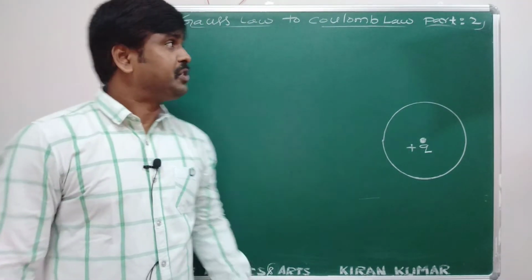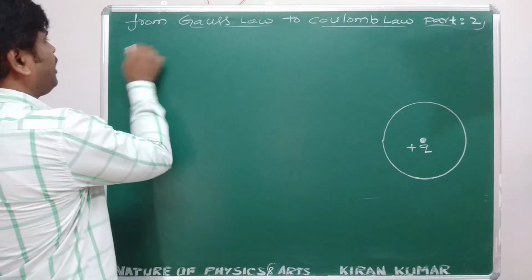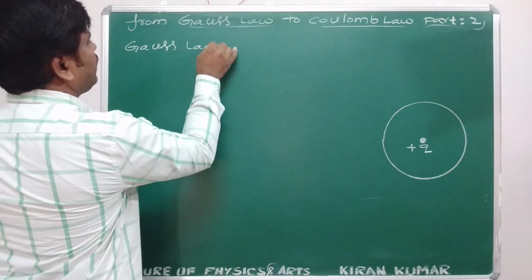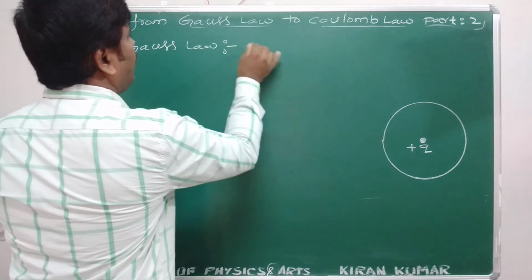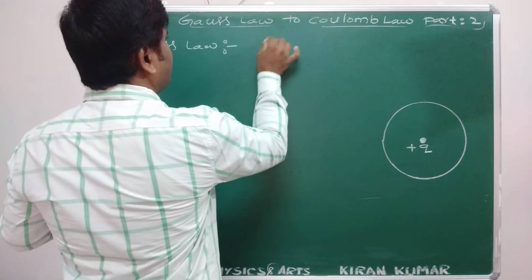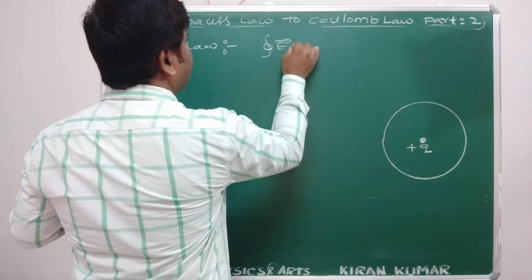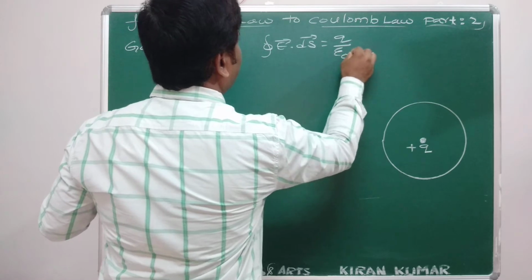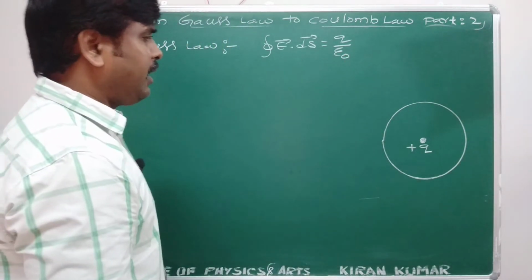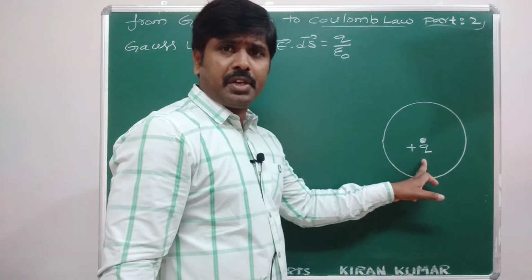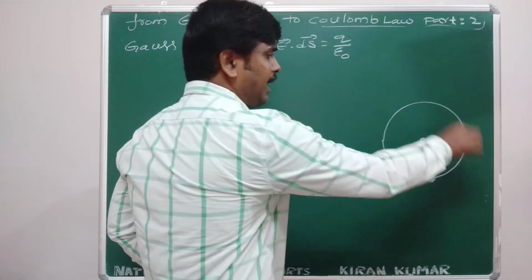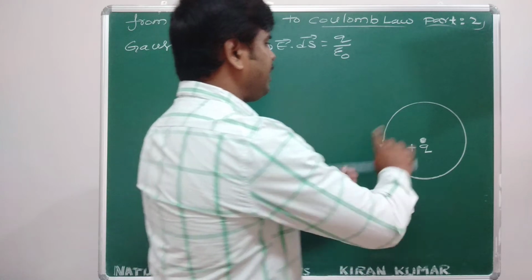See now, continuation of Gauss law to Coulomb's law. In Gauss law, the basic formula is electric flux, that is closed integral E bar dot ds bar is equal to Q by epsilon naught. See, this is the source charge plus Q. Around the source charge, the electric field is radially outward.